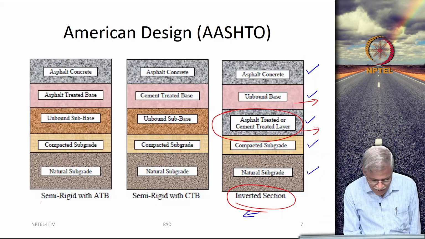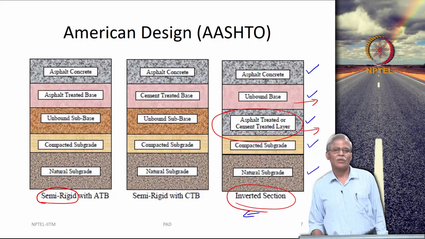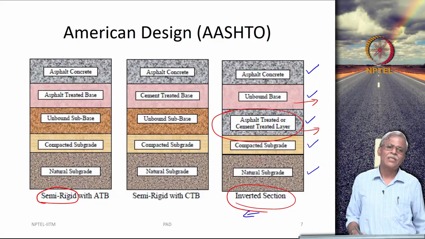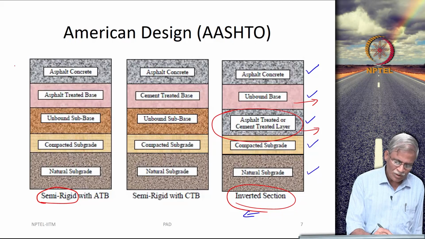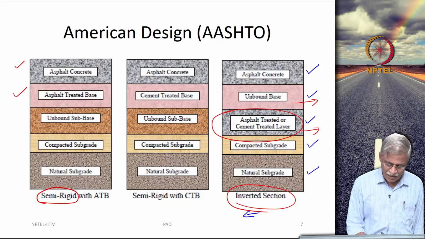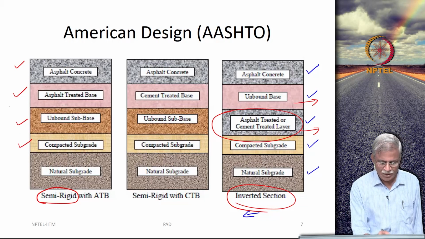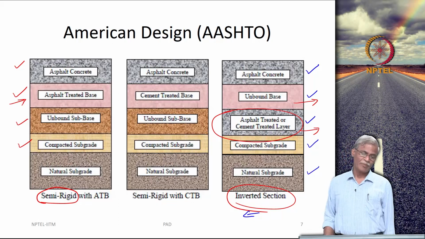You can, and then this is an unfortunate terminology, what is called a semi rigid, or you can say a combination of concrete and bituminous pavement, because bituminous pavement, and then you can actually have what is really called as an unbound subbase, compacted subgrade, but the most important thing that you see here is an asphalt treated base.